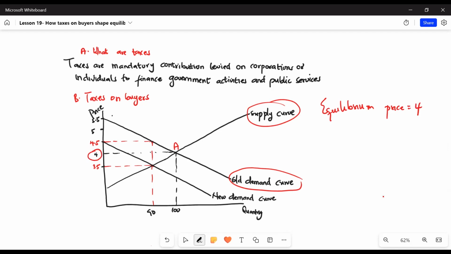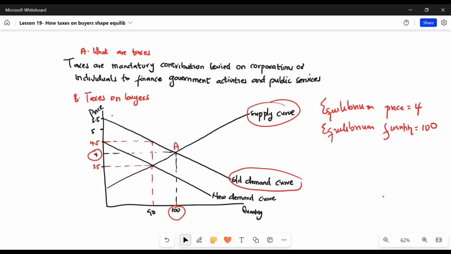And the corresponding equilibrium quantity is 100 apples.